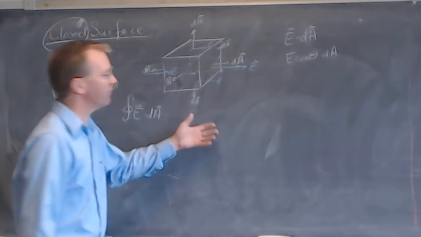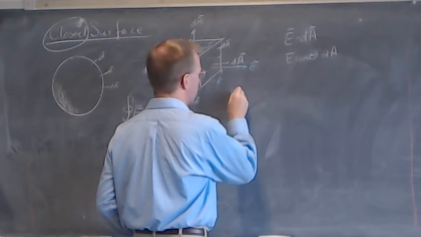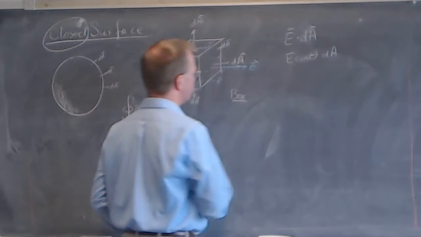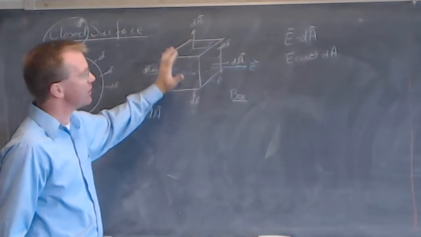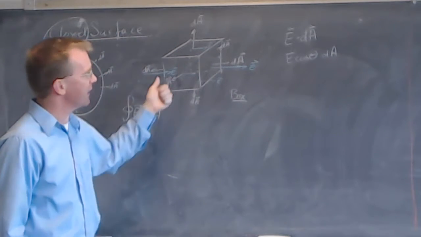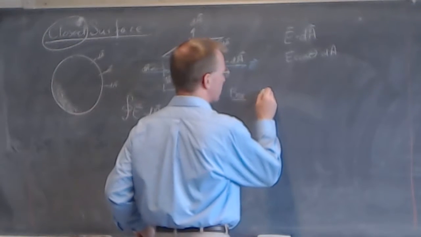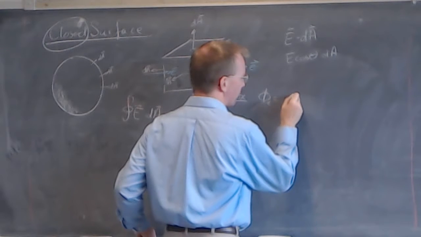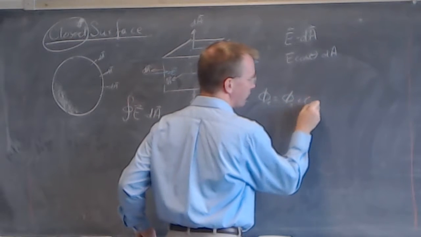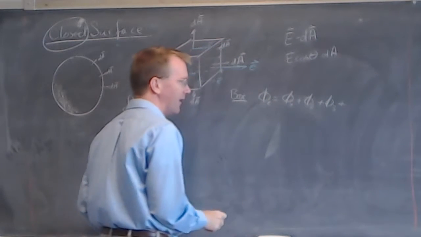What is the total flux through this box? What we can do, and I'm going to say that A is the same area for each face, so that's a cube. A1, A2, A3, A4, A5, and A6 are all the same. So I've got the flux on side 1 plus the flux on side 2 plus the flux on side 3, and so on like that.